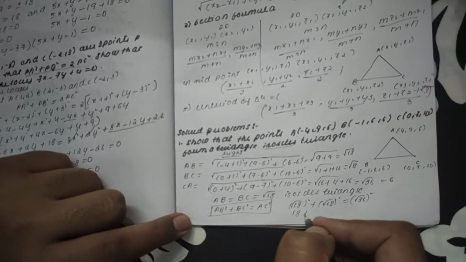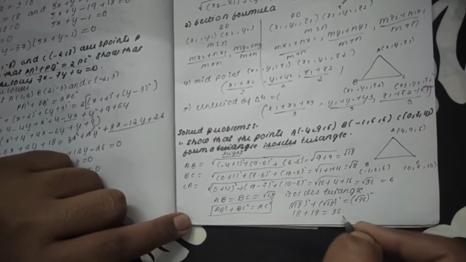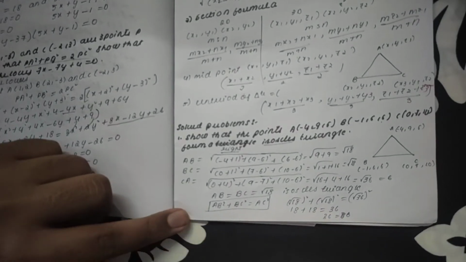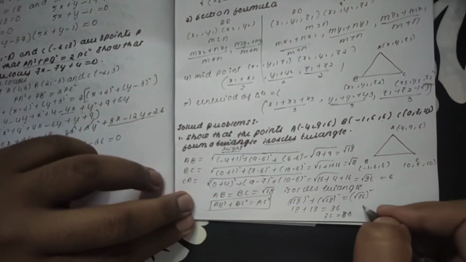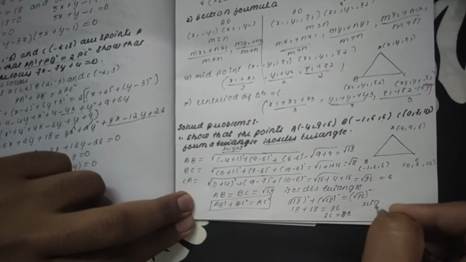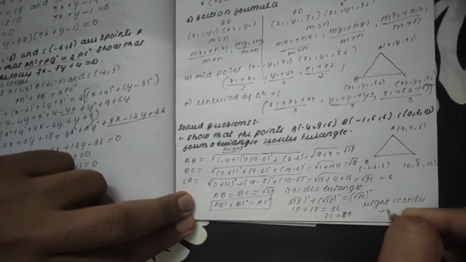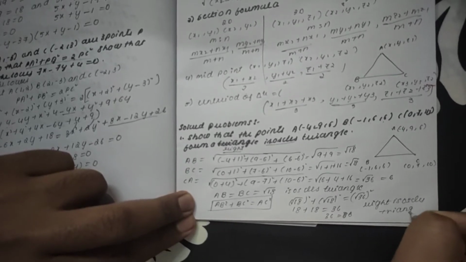This is 18 plus 18 is equal to 36. 36 is equal to 36. So it has satisfied the condition of the Pythagoras theorem. So this is a right angle isosceles triangle. Thus proved.